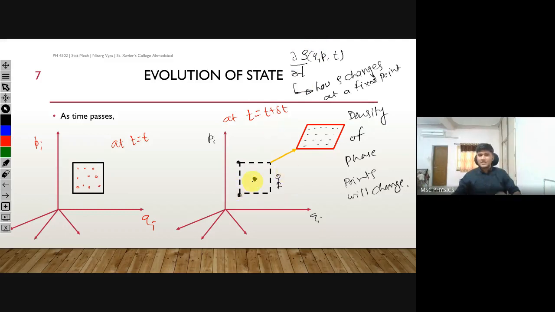As time passes, at this single point, how density is changing is given by this del rho by del T. Maybe this point is in this region, all the points traveled from here to here, all the points traveled from here to there. If you are sitting and watching this point, then per unit time this point's density might have changed, and we want to figure out how it has changed mathematically.